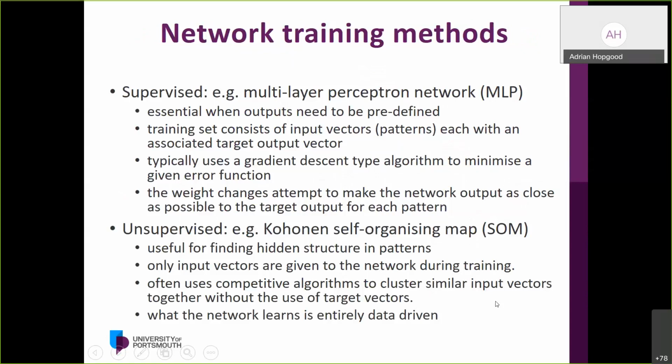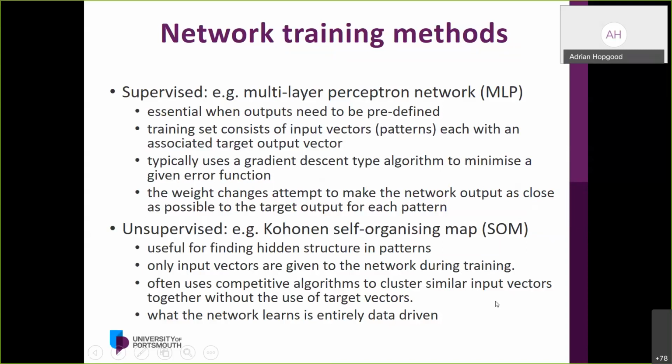So there's, broadly speaking, two types of neural network training, so-called supervised and unsupervised. Supervised, probably more common, is where you know the equivalent truth that you're aiming for. So in the case of classifying, you've got a set of examples where you know the corresponding truth for each of those, you know which class it belongs to, and you can explicitly train your neural network to learn the associations between inputs and the associated class.